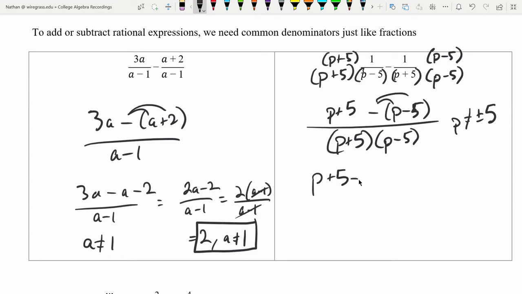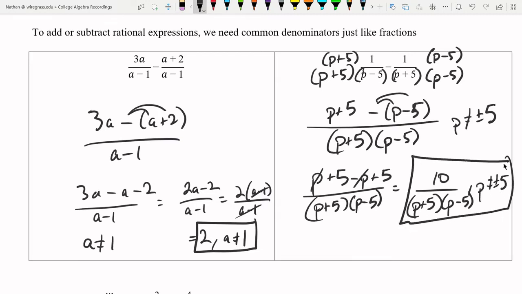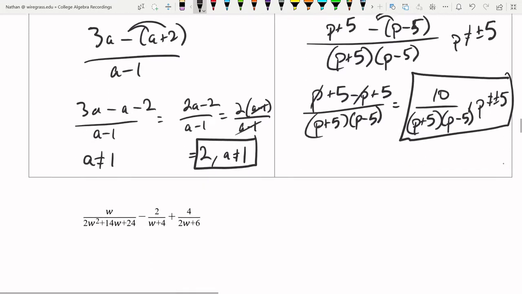P plus 5 minus p plus 5. P's cancel, and we get 10 over p plus 5, p minus 5, where p does not equal plus or minus 5. So common denominators, that's the important thing here.